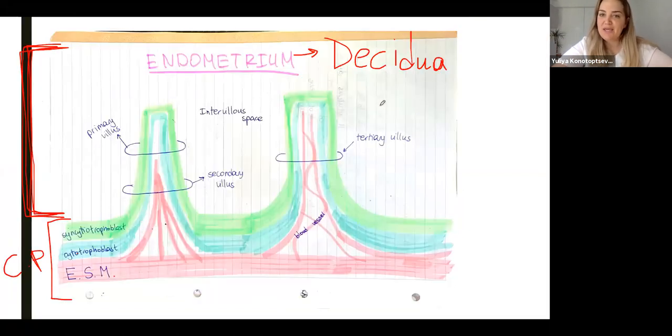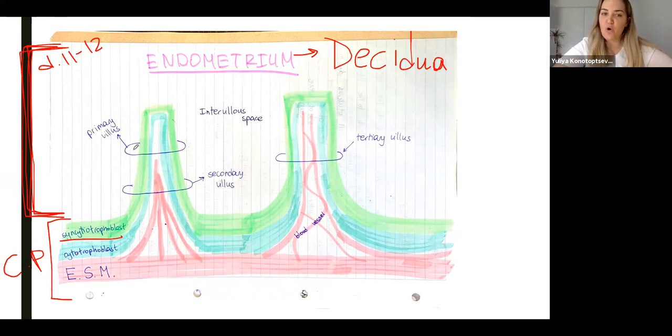So let's start making placenta. First of all, approximately on day 11-12, what was happening? Maternal blood vessels were entering, right? Simultaneously, you're going to see that syncytial trophoblast starts to penetrate deeper into the endometrium.